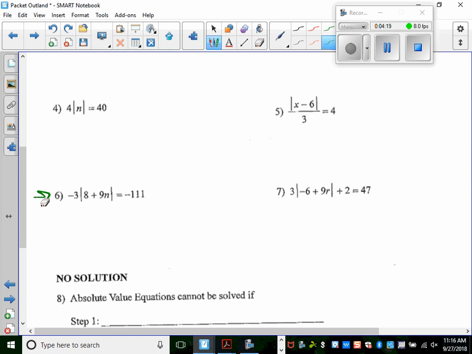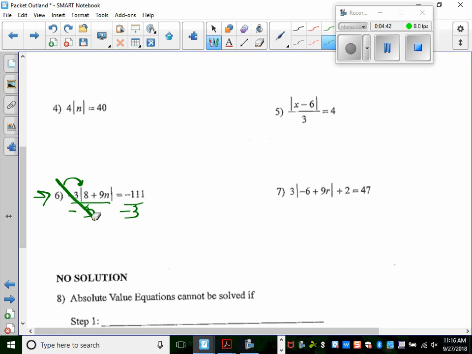In question number 6, the first step that we just wrote down says I have to isolate and get the absolute value bars by themselves. Since this -3 is being multiplied by the absolute value of 8 plus 9n, then I'm going to divide both sides by -3. Okay, so that eliminates that.